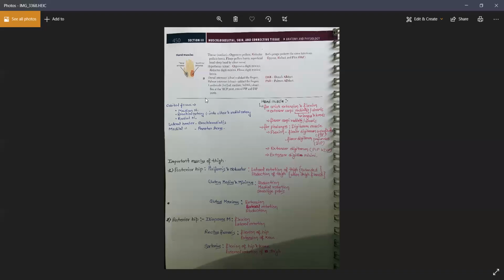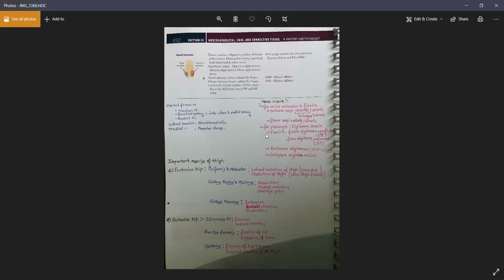Then you have the lumbricals. The function of the lumbricals is to cause flexion at the metacarpophalangeal joint and extension at the PIP and DIP. We have discussed these muscles in the forearm that can cause extension or flexion in my hand, the digitorum muscles supplying the digits.